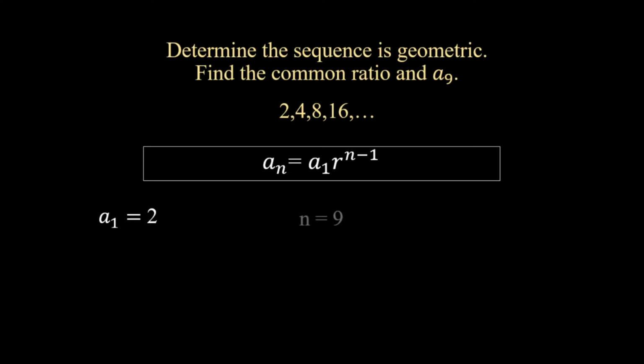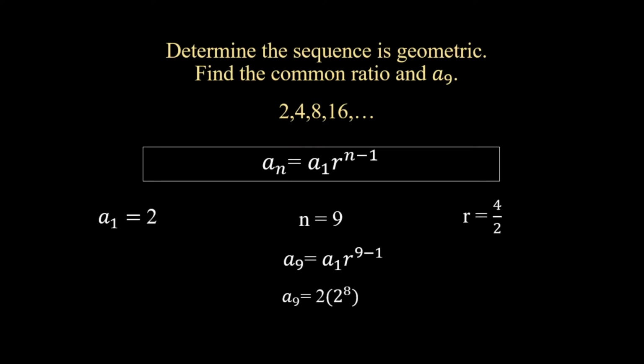N, or the term you want to find, is 9, so n equals 9. R, or the common ratio, is the second term divided by the first term, so you get 4 over 2, so r is 2. Now substitute all of it in the equation, so you get 2 times 2 to the 8, so a sub 9 equals 512.